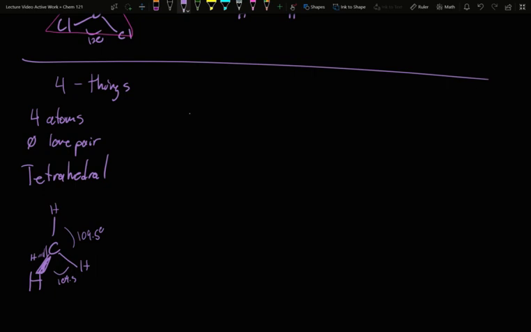But you can have a situation where three are atoms and one is a lone pair. Think NH3. I have my nitrogen, 5, a hydrogen, and a hydrogen.